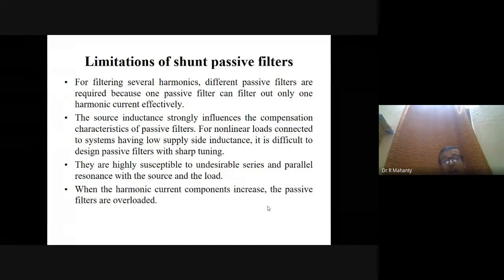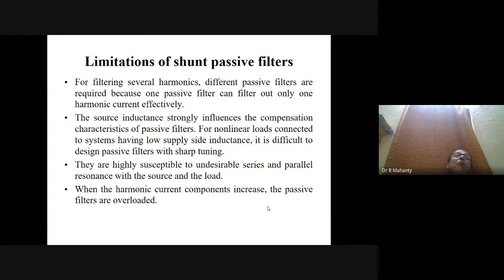Then we have that they are highly susceptible to undesirable series and parallel resonance with the source and the load. Now, what happens? The source has a certain inductance, and the load has a certain inductance also, because of which there is an effect known as parallel resonance.